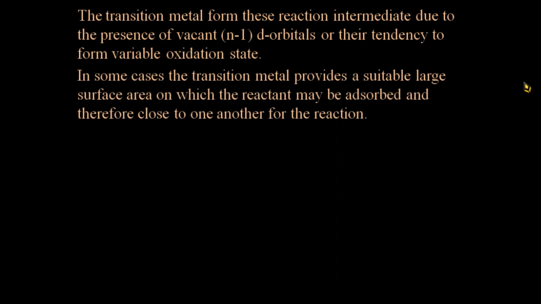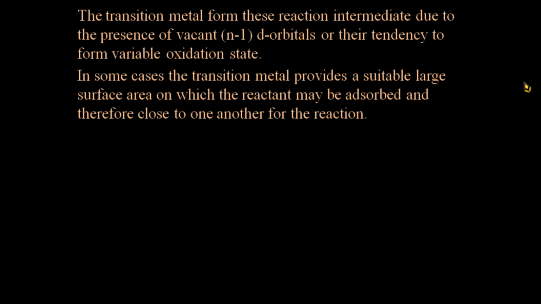Then third, in some cases the transition metal provides a suitable large surface area. In the first point we discussed that on their surface they accumulate or collect all the reactants and form bonds. It may be a physical bond or a chemical bond, but they collect on their surface. That means for reacting the reactants together, the surface area is available: a larger, suitable, rough surface area.